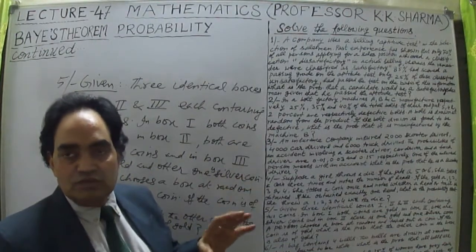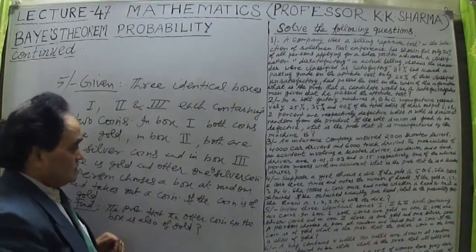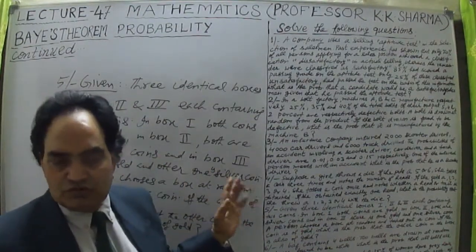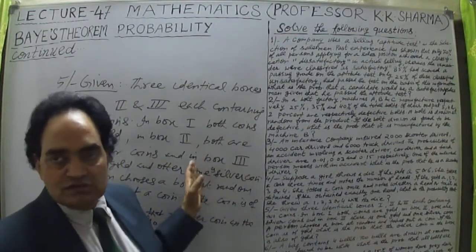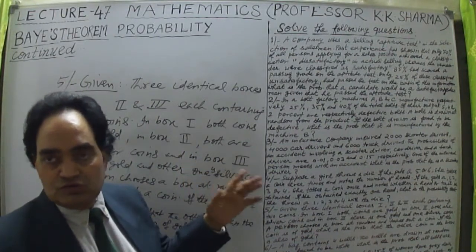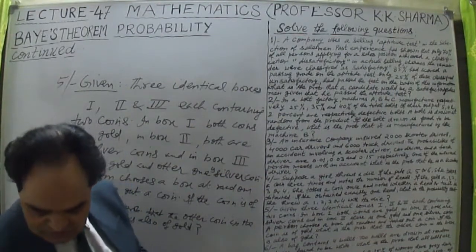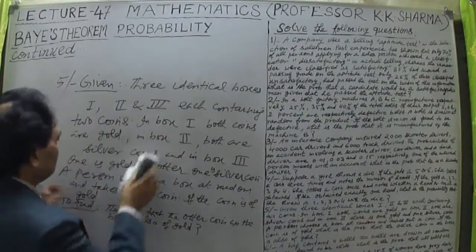Now a box is selected at random, so the prior probabilities are 1/3. Then selecting a gold coin is given to us. So let me take all those events and write the solution.